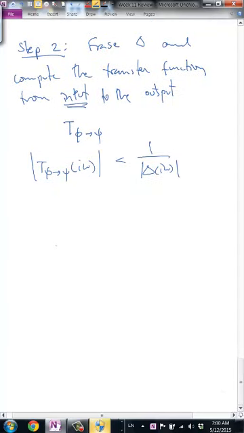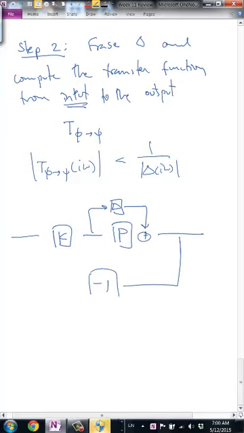So if we go back to our unity feedback loop, this is step 1. Step 2 is to compute the transfer function from phi to psi. So let's do that. So psi is equal to K times whatever goes into K. And note that now I'm ignoring r.